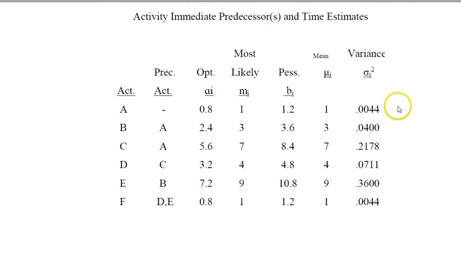If I pick this activity, this plus 4 times this plus this over 6 gives me that, and the same thing for all of them. Please complete all of these before you proceed. For the variance, I take this minus this over 6 and square that, so I get the variances here. Remember, I need the variances, not the standard deviations. Don't take square roots. We need the full variances.